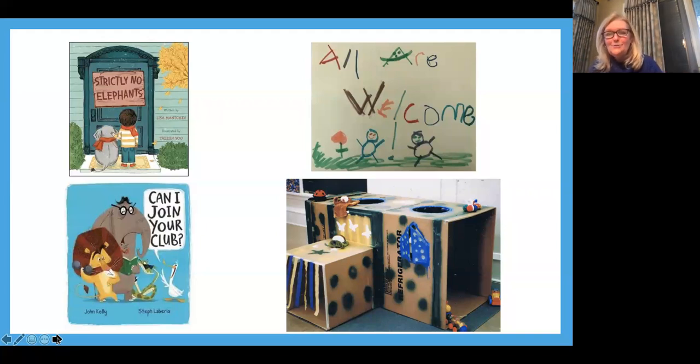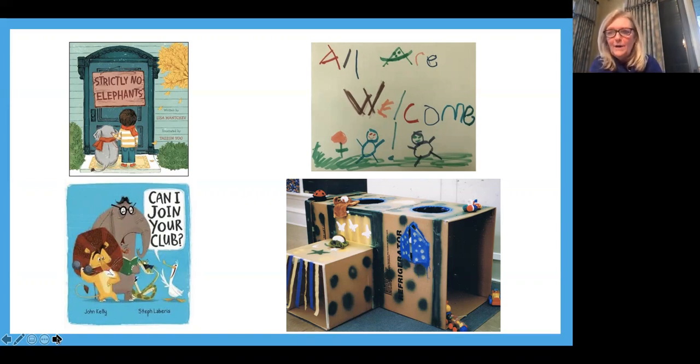So what this classroom did, and this is not the exact picture of what they did because I didn't have it, but it was very similar. And you'll see a different one a little bit later, but they literally took a refrigerator box and they made a club. And they made an All Are Welcome sign. And the fun thing about this is knowing that every single one of those letters was made by a different child in the classroom.